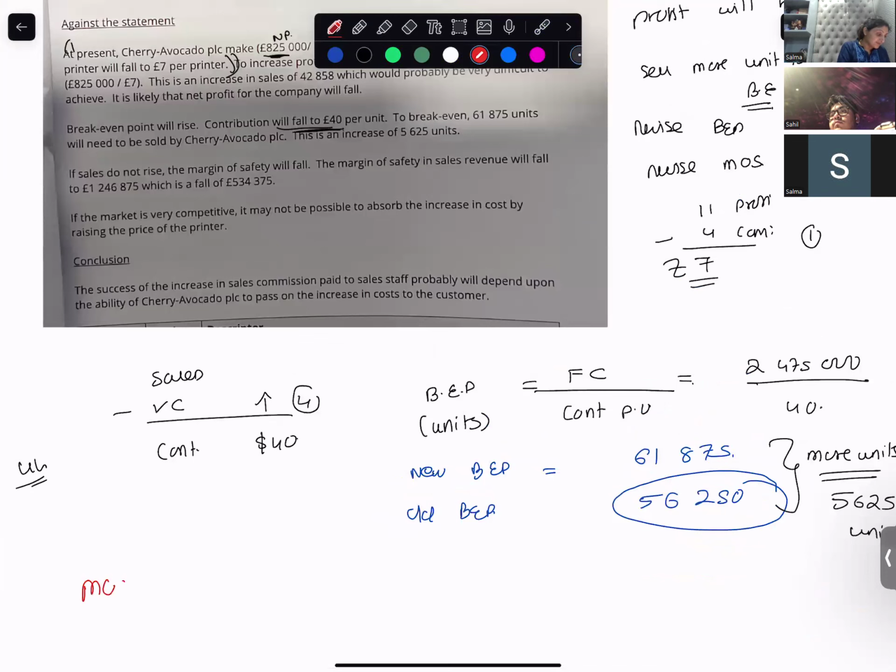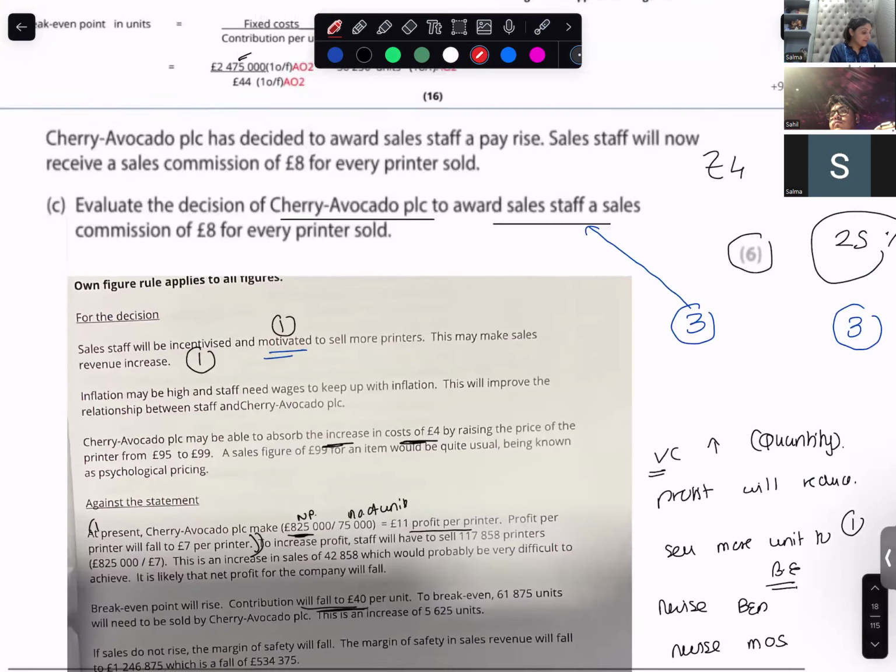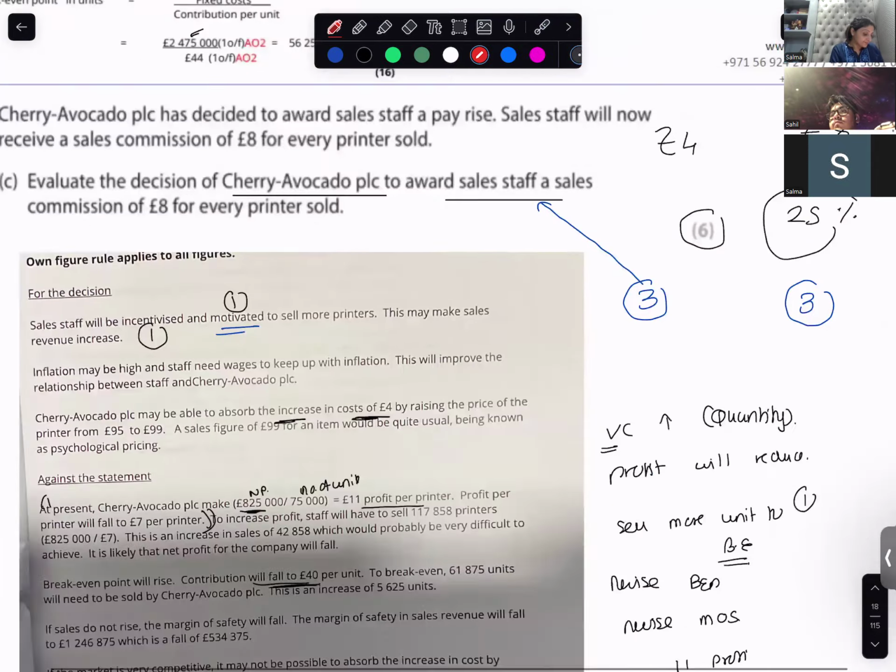What is margin of safety? The margin of safety is actual sales minus the break-even sales. I'm putting the new break-even sales. Actual sales is 75,000 units, correct?